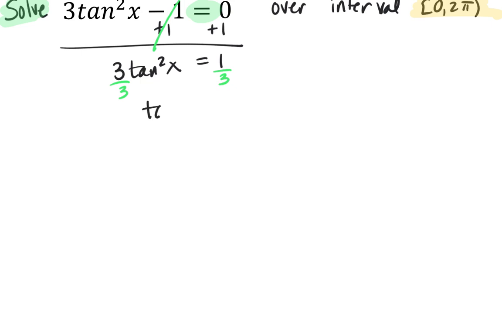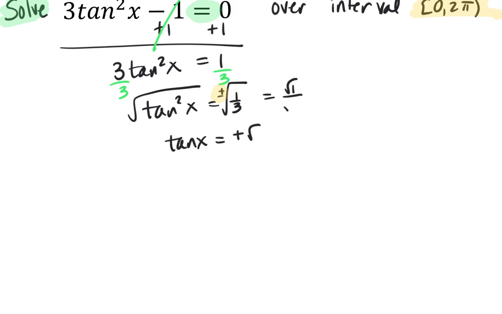So we get tangent squared x is equal to 1/3, and we can take the square root of both sides. Just make sure that you remember to take the positive and negative, otherwise we'll lose track of half of our answers. Okay, square root of tangent squared, that is just tangent of x. So we get tangent of x is equal to either positive or negative square root of 1 over square root of 3.